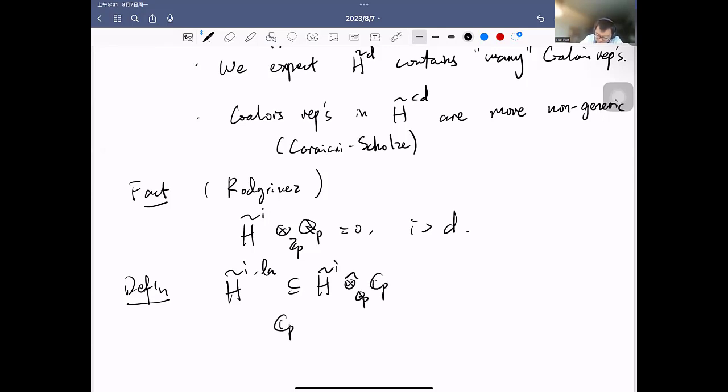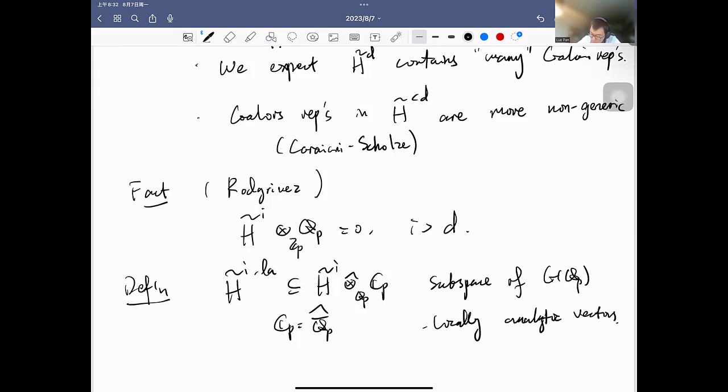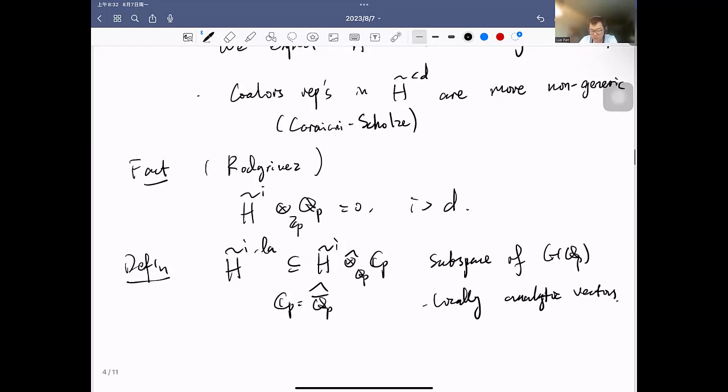Here C_p is the p-adic complex numbers. So let me base change to C_p and take the subspace of G(Q_p) locally analytic vectors. It's really the subspace of vectors on which, locally on G(Q_p), the action is given by some convergent power series.